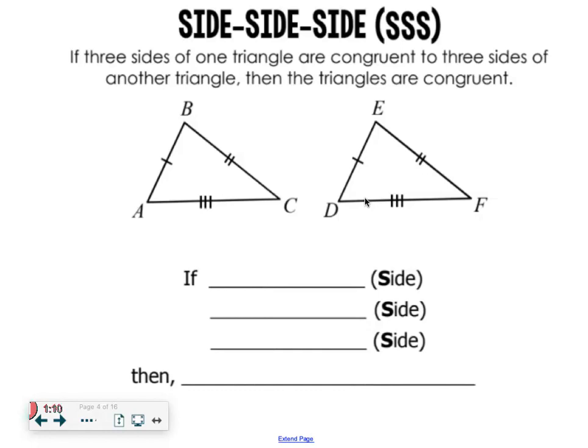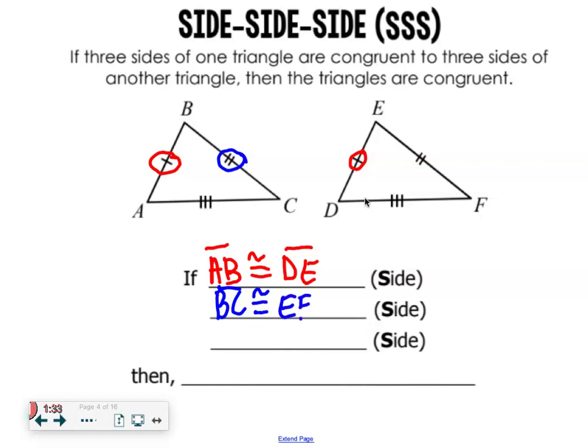So, if we go through, what is AB congruent to? DE. Yep, so let's say AB is congruent to DE. That's one side. What would BC be congruent to? EF. And then our last pair of sides would be AC and DF.